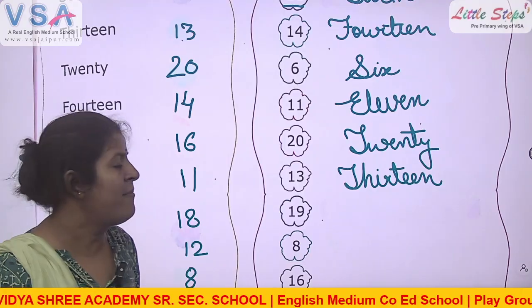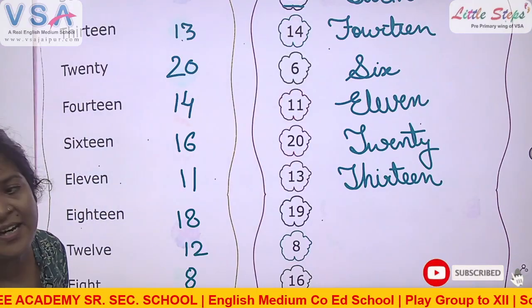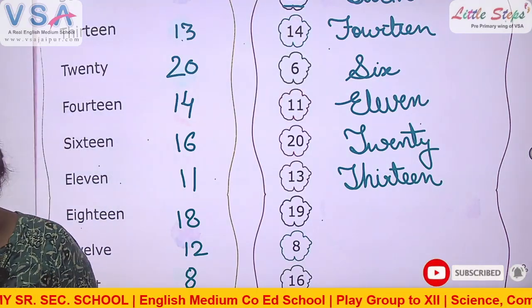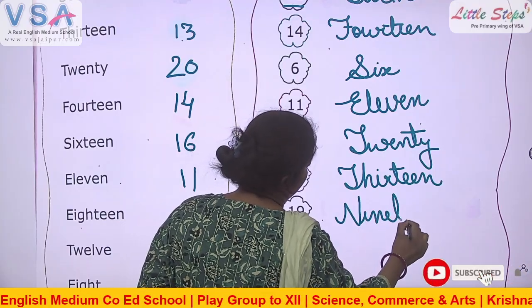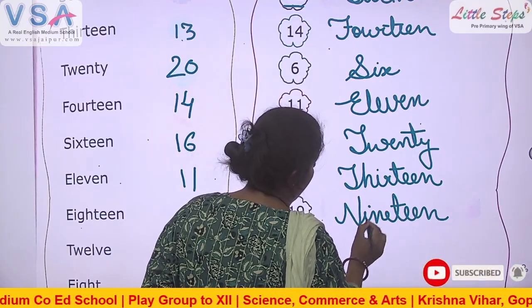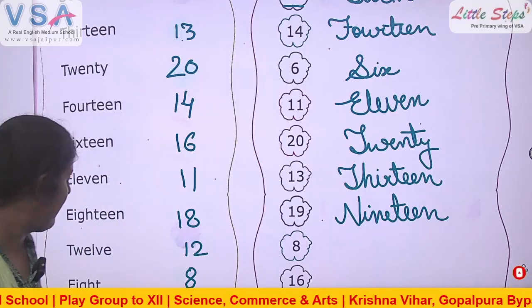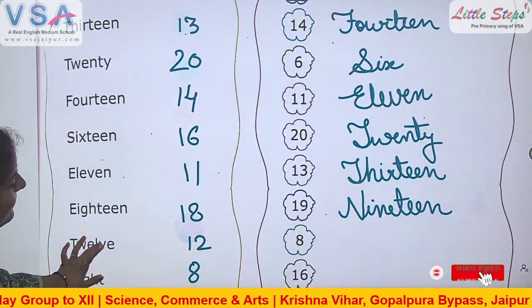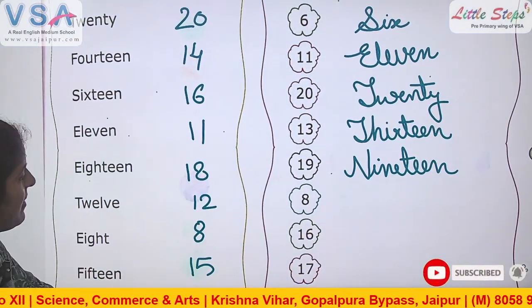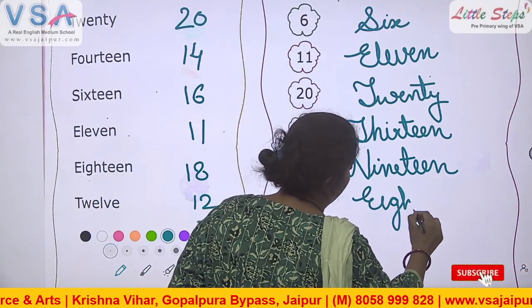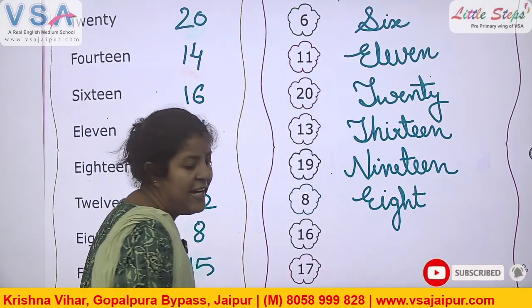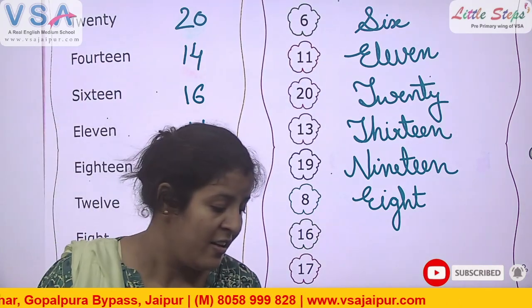Next number 19. What is the spelling of 19? NINETEEN, 19. Next number 8.